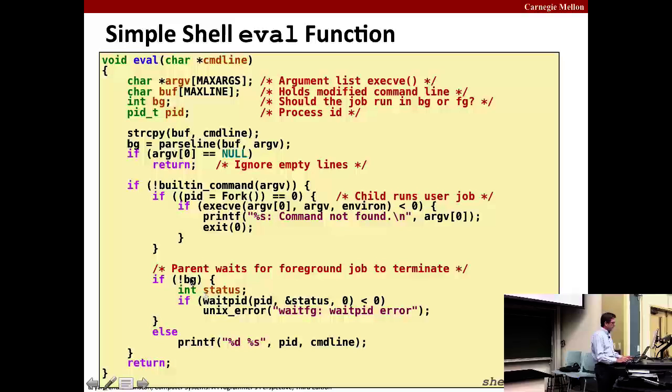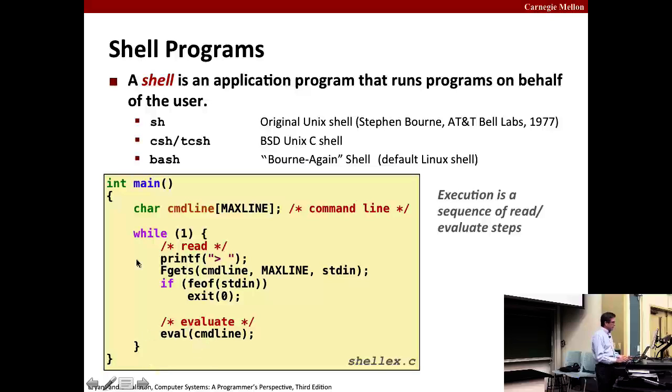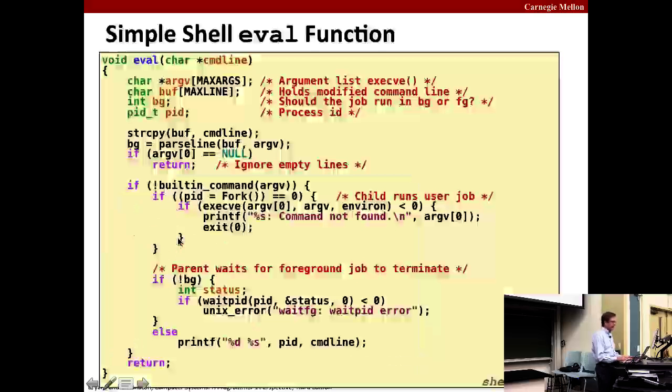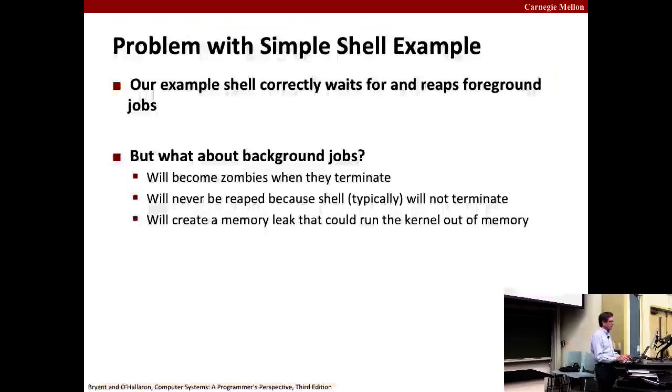If it's a background job, so if not BG, we're just printing a message and then we're returning, and then we're continuing with this read evaluate step, and never going back and taking care of that background job. So this is a problem because if we have enough of those jobs, we create a memory leak that could crash the system, right? So this is an error.